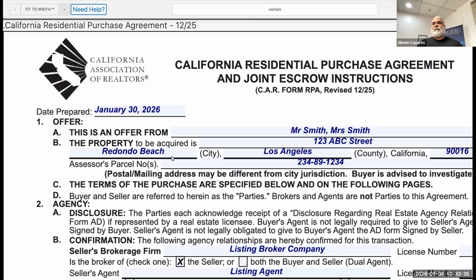Okay. And back in the days, we didn't have the technology to use computers to fill this out. We used to do them by handwriting. We would add the dates, the names, the address, the county, the APN number, the brokerages. When I started my real estate career back in the mid 90s, I think there was only like six pages to the purchase agreement.